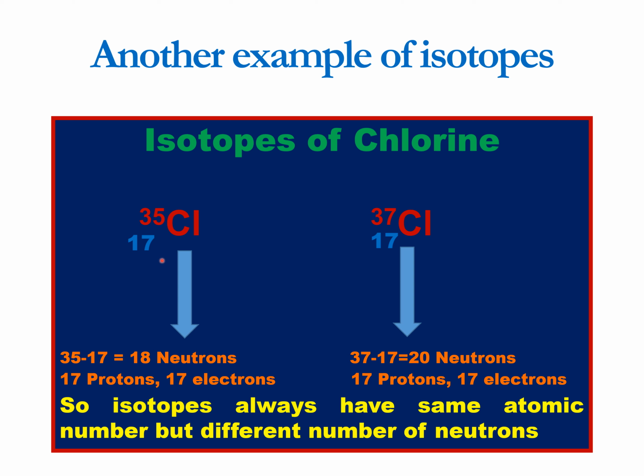It has 17 protons and 17 electrons. Chlorine-37 has 20 neutrons, since 37 minus 17 is equal to 20. It has 17 protons and 17 electrons. So isotopes always have the same atomic number but different numbers of neutrons.